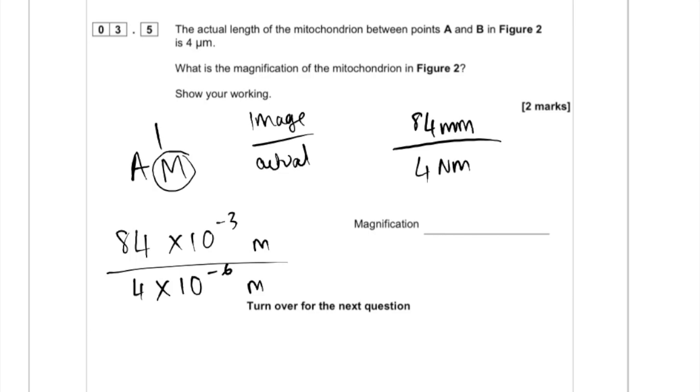And I think this is the easiest way to do it. That should give you an answer of 21,000. If you did it a different way, maybe you got mixed up with the wrong way round, you'd have got a weird number for magnification, and that would tell you that you probably need to try a different strategy, a different calculation, until you get an answer which seems plausible, which I think this one does.